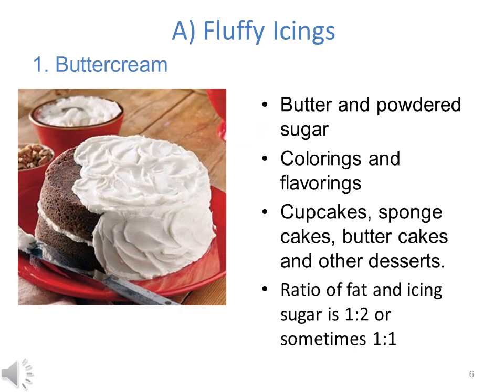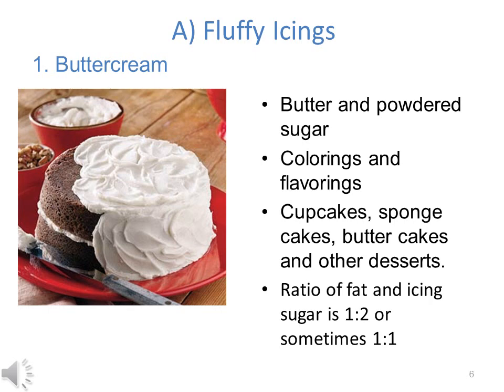Let's discuss the first type of icing, which is fluffy icings, in which air is incorporated. The first example is buttercream. Buttercream is a type of icing used inside cakes as a coating and as decoration. In its simplest form, it is made by creaming butter with powder sugar.